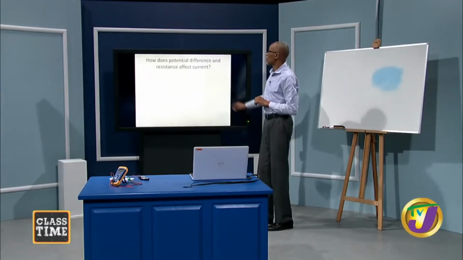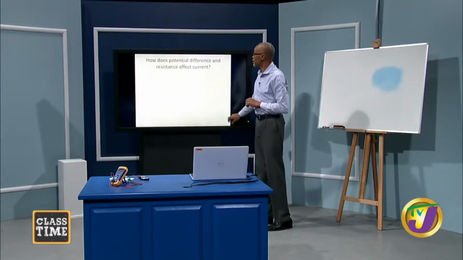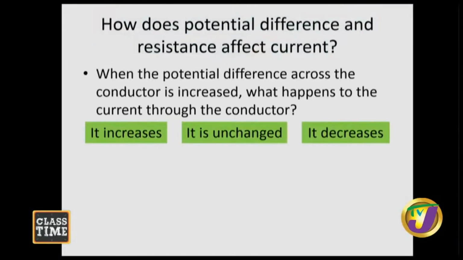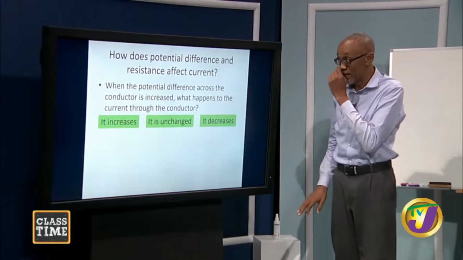So we see as we increase the potential difference, what happens to the current that is flowing? How do potential difference and resistance affect current? The first thing: when the potential difference across the conductor increases, what happens to the current through the conductor? Does it increase, is it unchanged, or does it decrease?